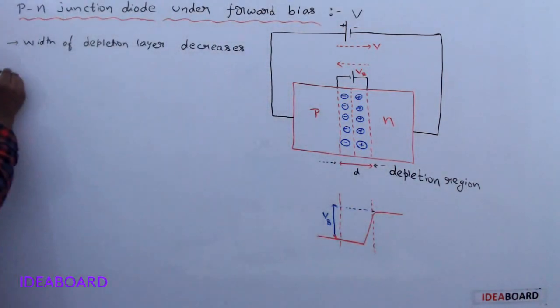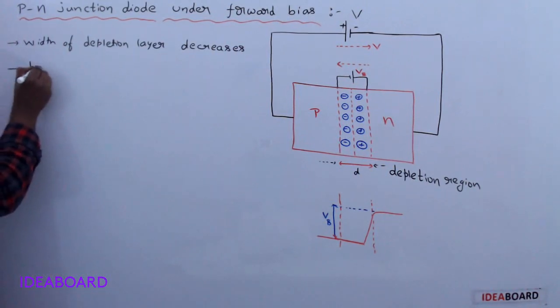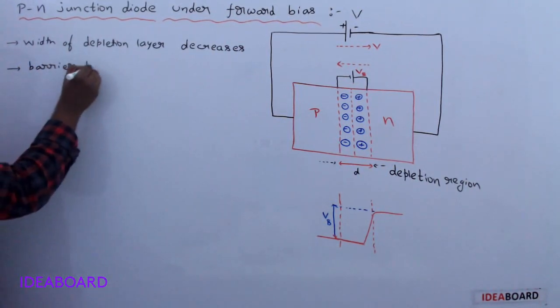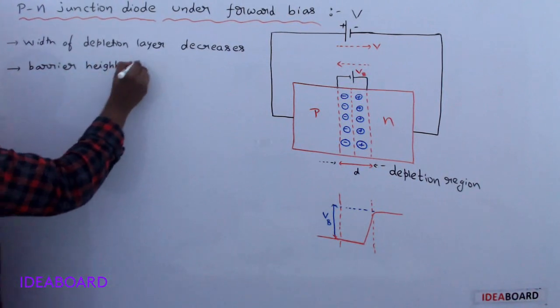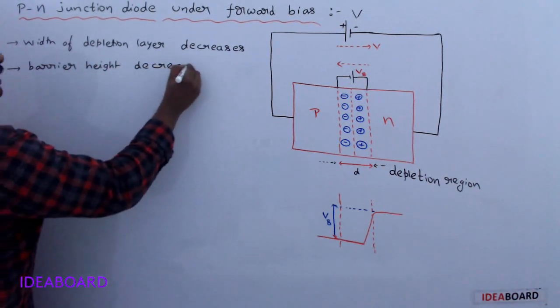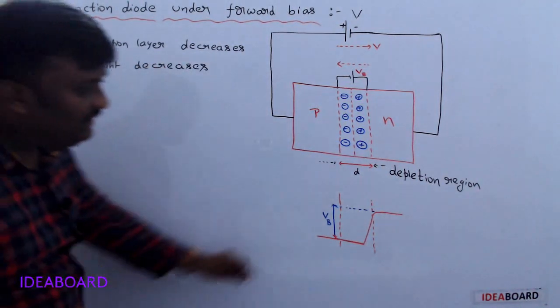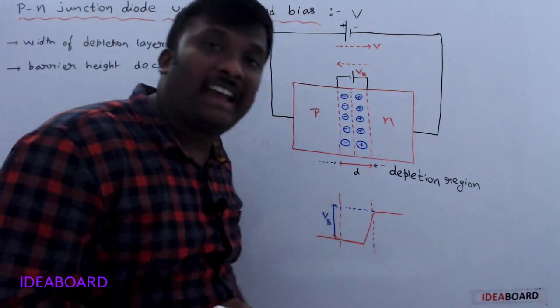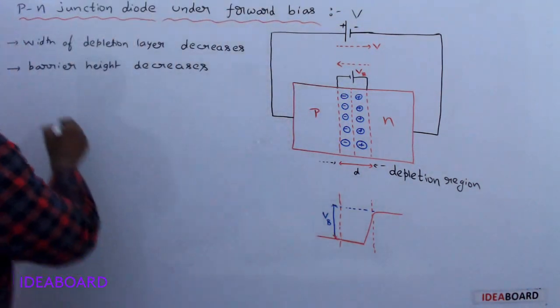The barrier height also decreases. This is the barrier height, and this value also decreases.